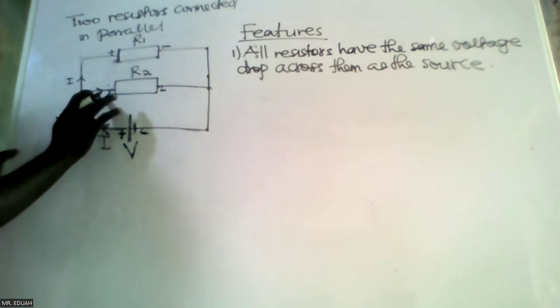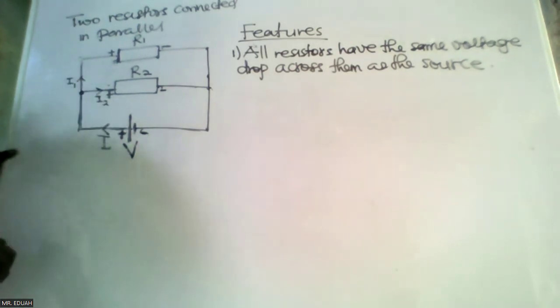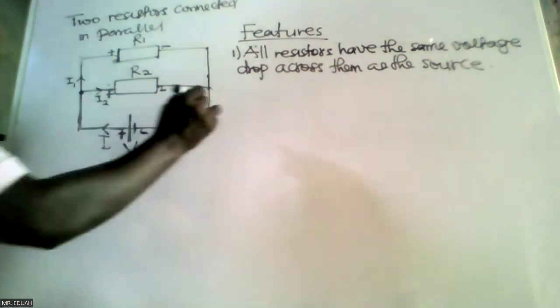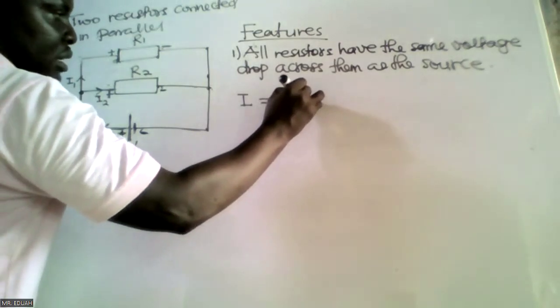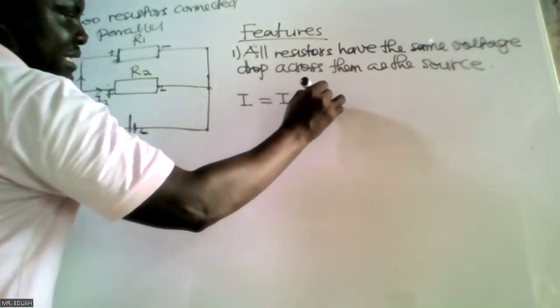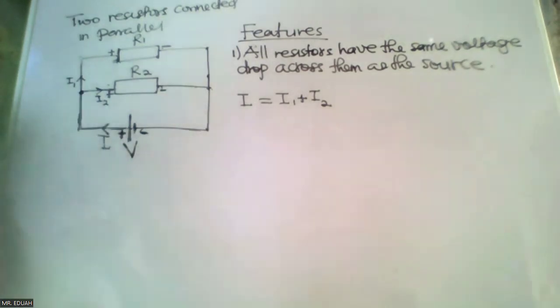Let us name them R1 and R2. So I1, I2. But I1 and I2 must sum up to the total current coming from the source.